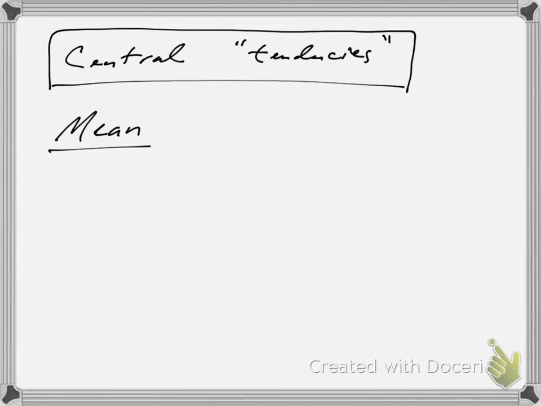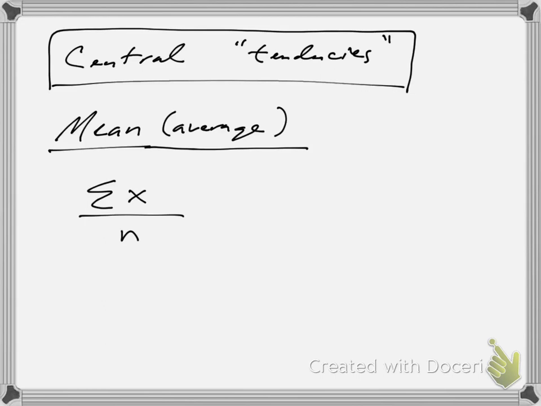The mean is what you guys would know as the average. If you have a data set with a bunch of items in it, you take the sum of all the items and divide it by the number of items. This little symbol means sum of. Sorry, my bad, I'm going to do this the right way.